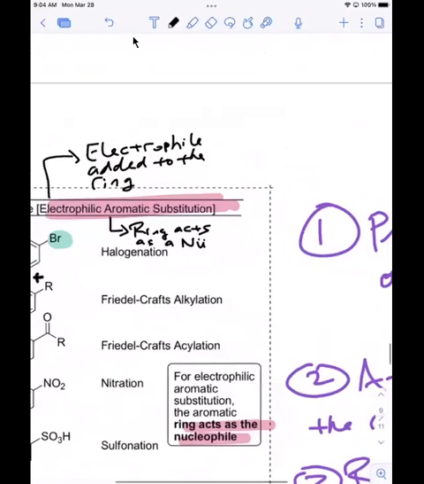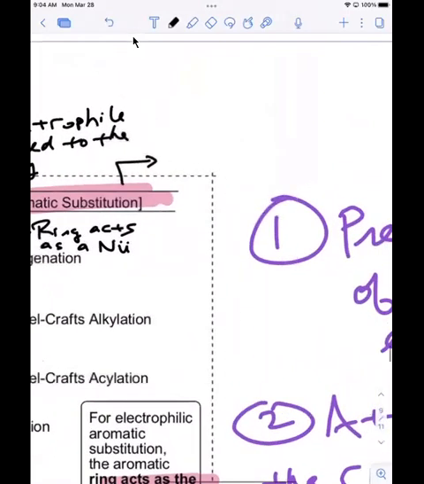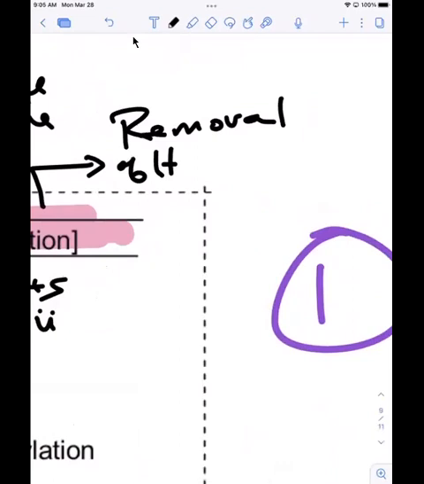And then the substitution part, I think I mentioned this on Friday, but I'll recap it. The substitution part is basically removal of a hydrogen and replacing it with the incoming electrophile.